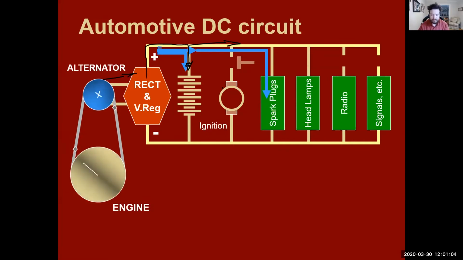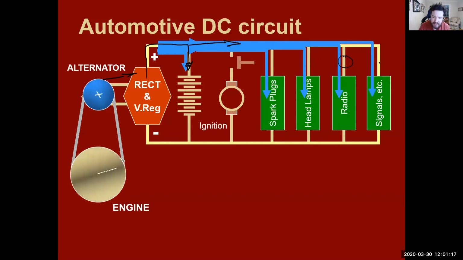We close another switch, and we have headlamps. We turn on our radio, closes another switch, and we have our radio. And everything else that's electrical in the vehicle, this is how we're getting power. Our power is not coming from our battery. It's coming straight from our alternator.